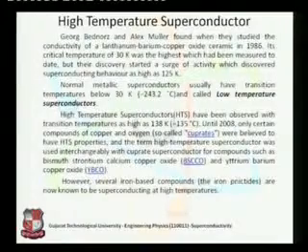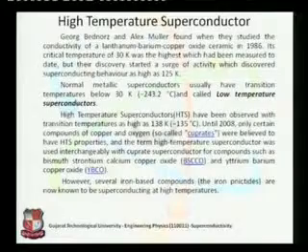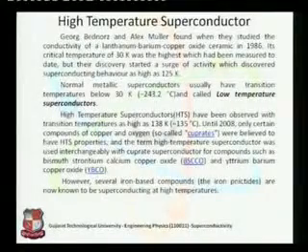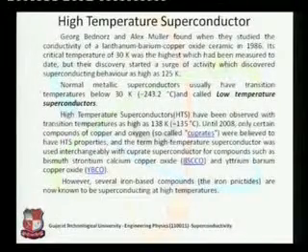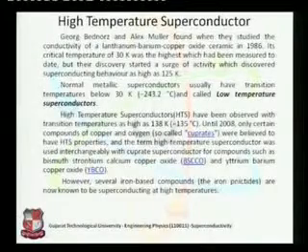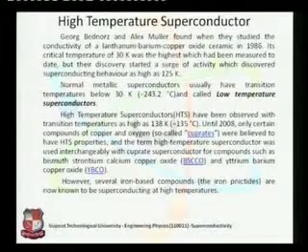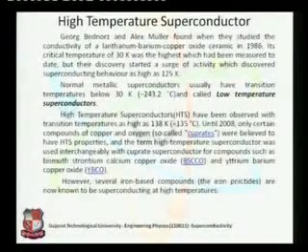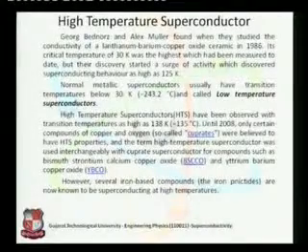And the other two families are BSCCO, and then one more, barium copper oxide, that is YBCO, yttrium barium copper oxide. These are the different families: bismuth family, yttrium family, and as we already talked about, the lanthanum family initially. So these were the different compositions. They exhibit superconductivity at more than 30 Kelvin or nearby 78 Kelvin, so they are considered high temperature superconductors.